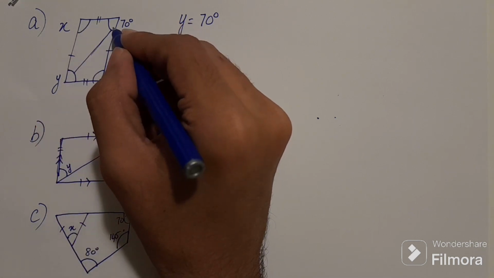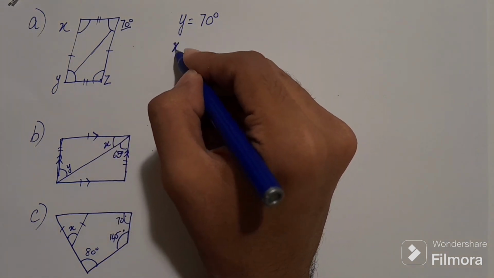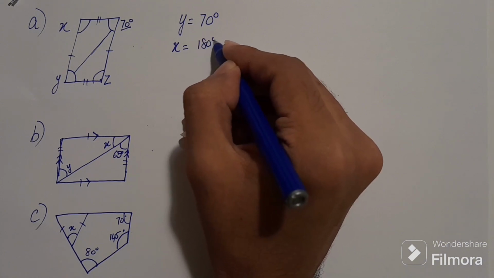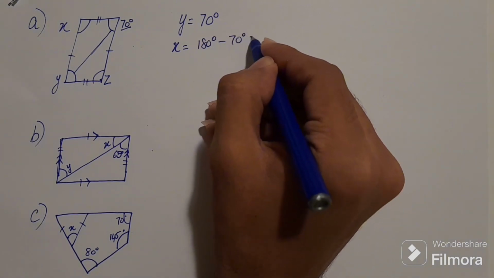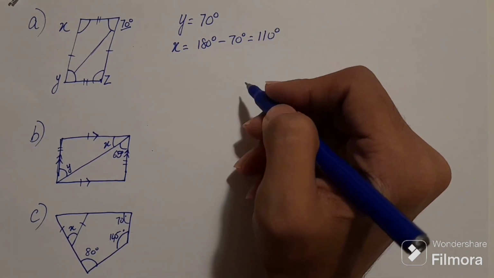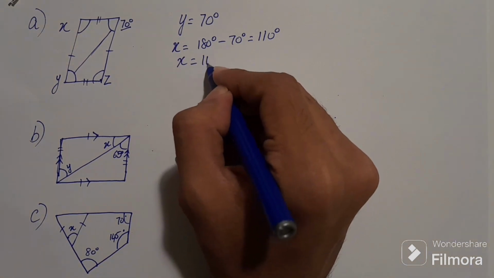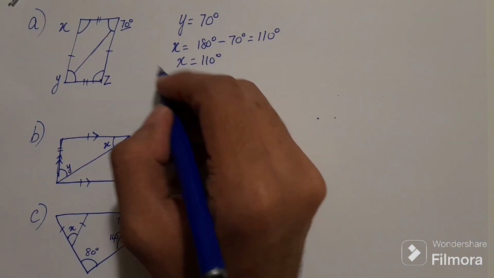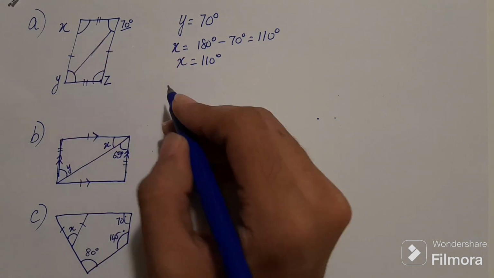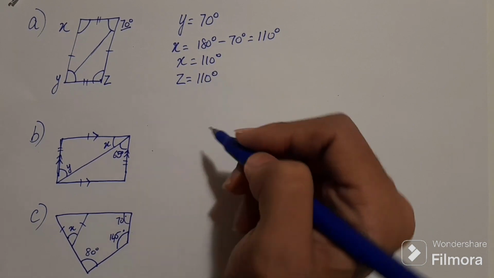So we will subtract 70 from 180 and we will get the value of x and z. So x is equal to 180 minus 70, which is 110 degrees. So the value of x is 110 degrees, and the value of z is the same as angle x. So z is 110 degrees.